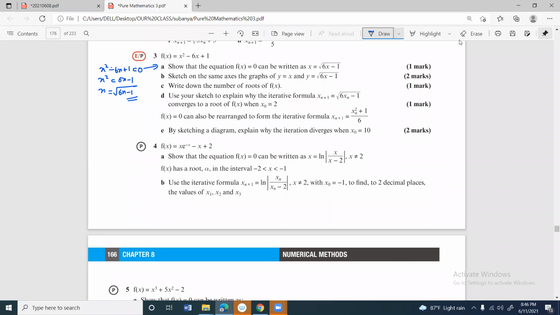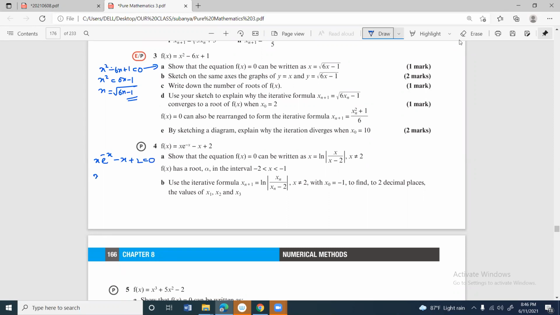Right. So in this case, you have f(x) equals x e to the power minus x plus 2. Show that the equation f(x) equals 0 can be written in this form, which comes up to ln. What you can get here is, from x e to the power minus x plus 2, x minus 2 is on one side.